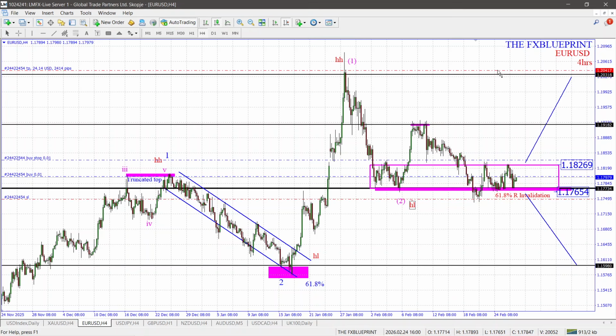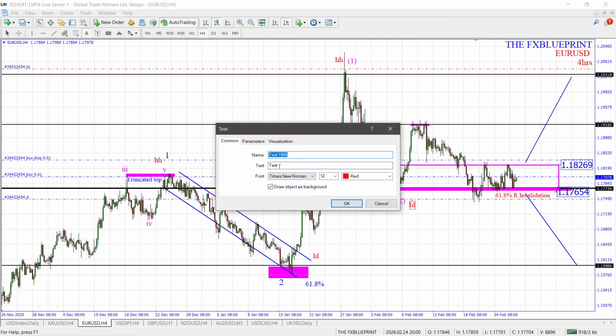So I'm just going to extend my take profit over here all the way to the top so you guys can see. And then I'm just going to label this region right here and say first TP. We'll call this first TP.